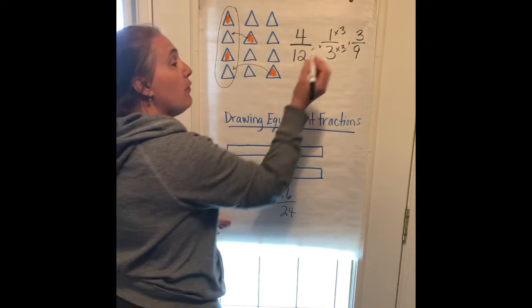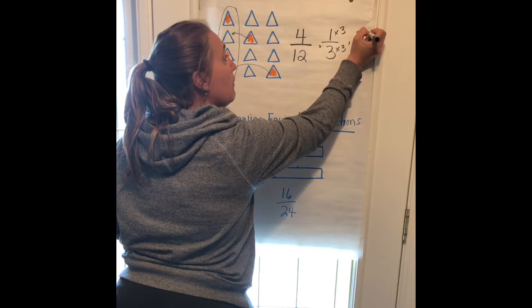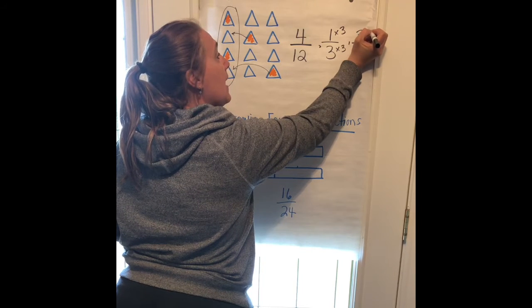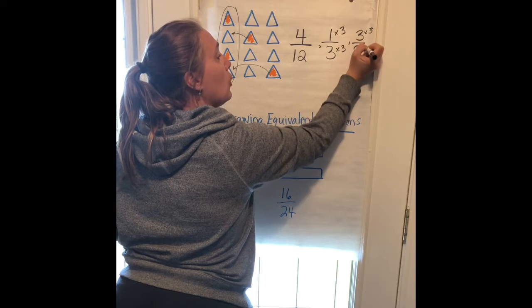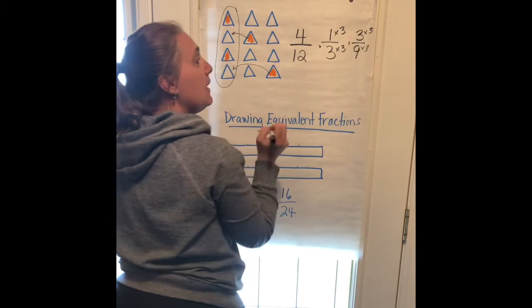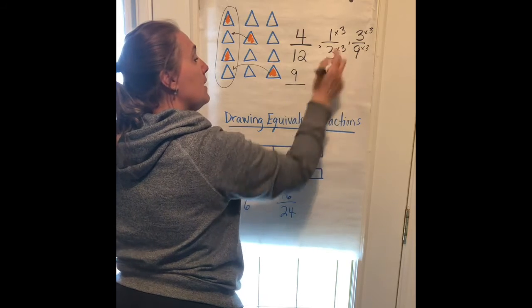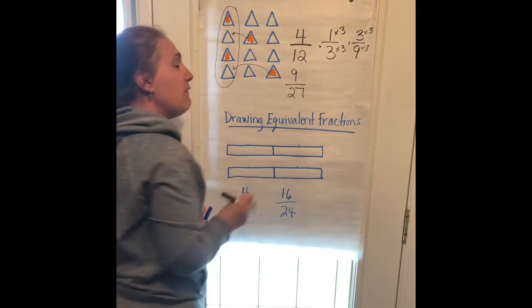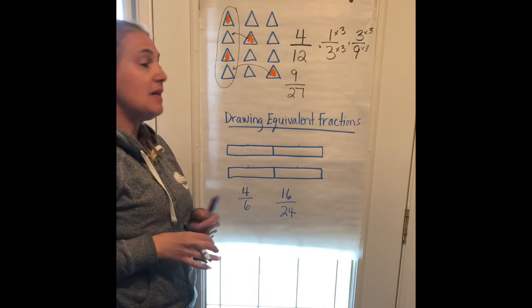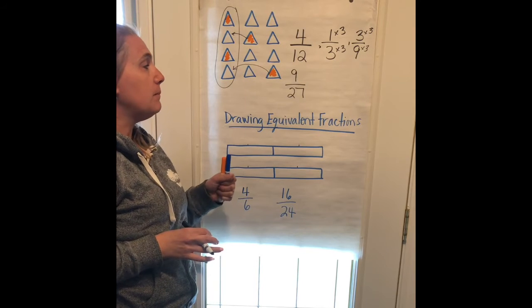If I wanted to go further and pick another equivalent fraction, let's say I'm going to multiply the top and the bottom by 3 again. 3 times 3 is 9. 9 times 3 is 27. 9/27 is another equivalent fraction.